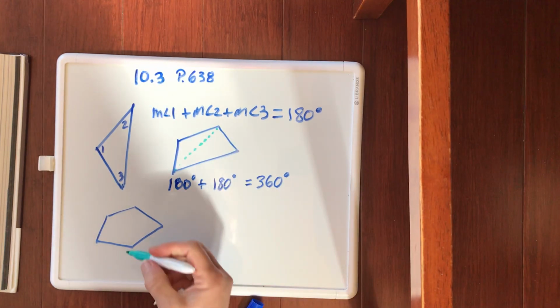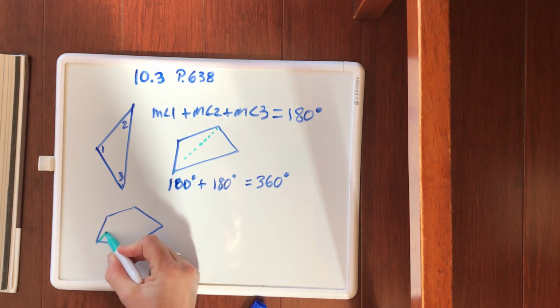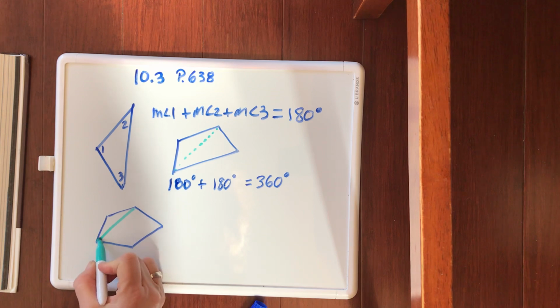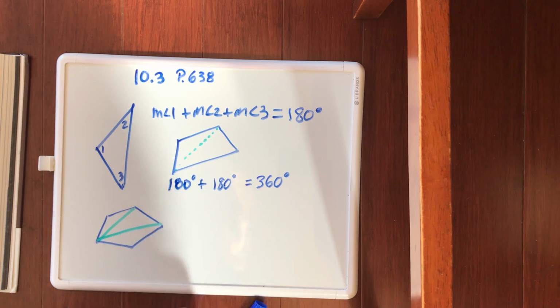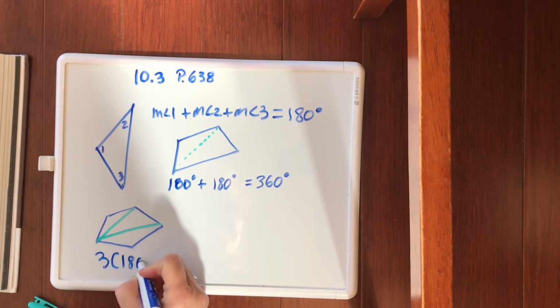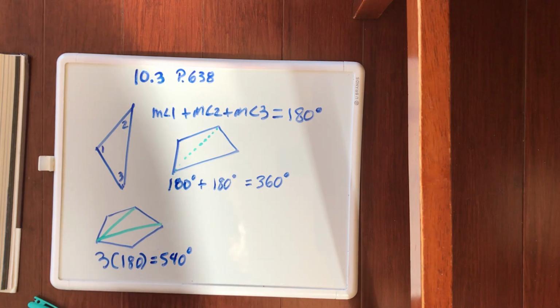Let's see if we can. I'm going to put one from that corner, and then from this to that corner. And look what we have. We've got 3 triangles. So we have 3 times 180, which is 540 degrees.